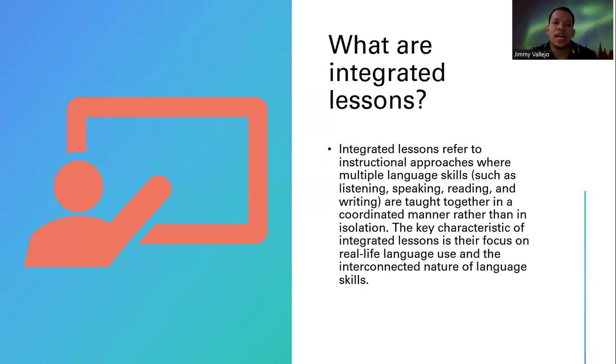But at certain times we have to teach them together, because it's important that the students know that all of our skills in whatever language we are learning are important.